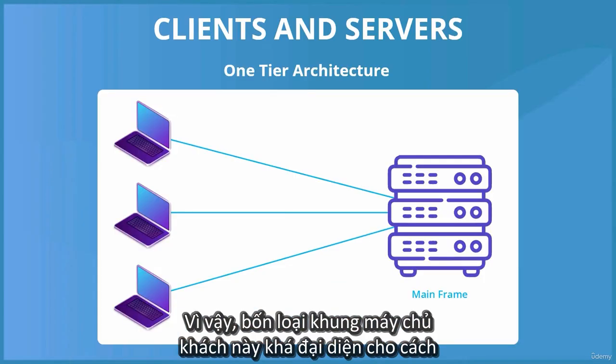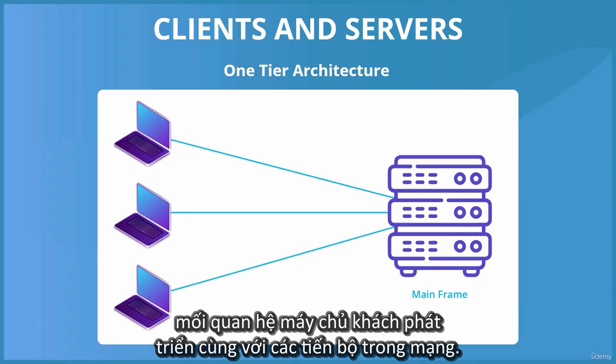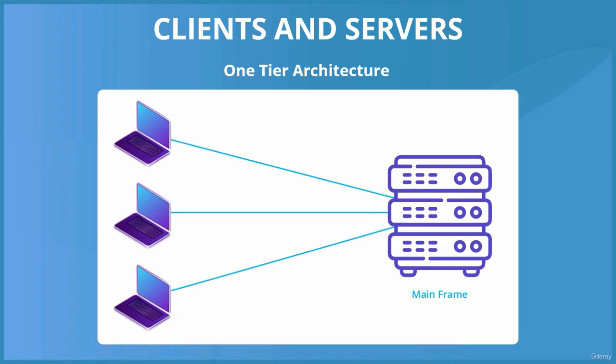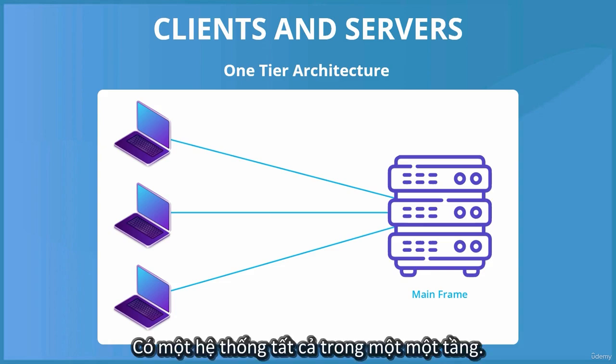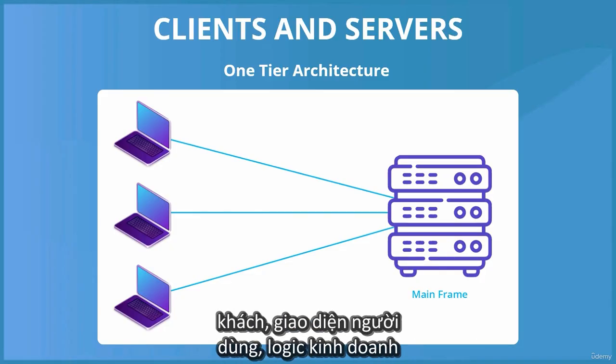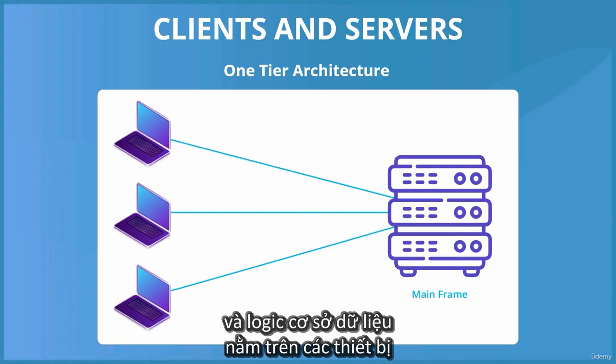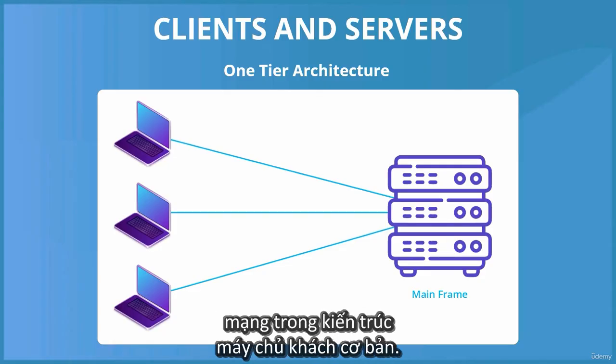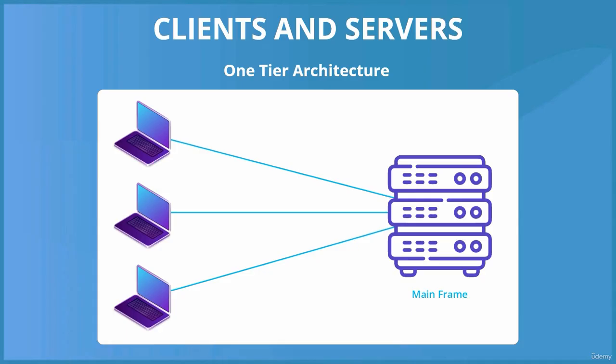So these 4 types of client-server frameworks are pretty representative of how the client-server relationship evolved with networking advancements. There is a one-tier, all-in-one system. So all client-server configuration settings, user interface, business logic, and database logic sit on network devices in the base client-server architecture.